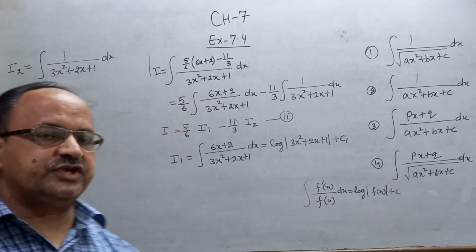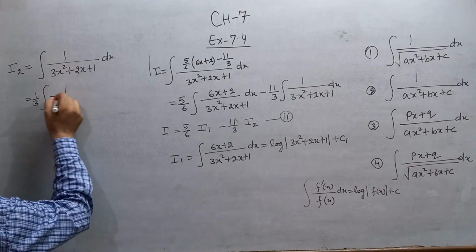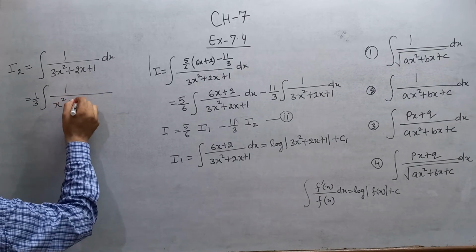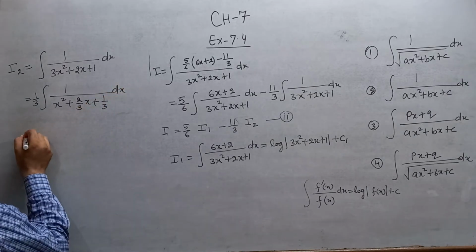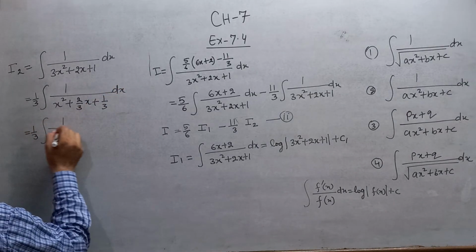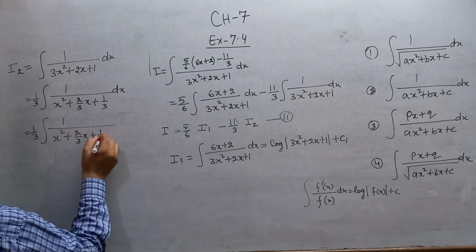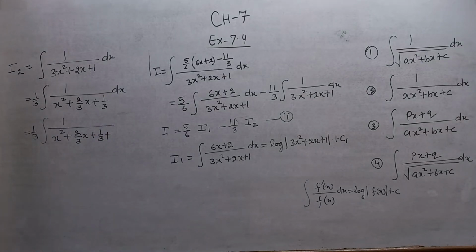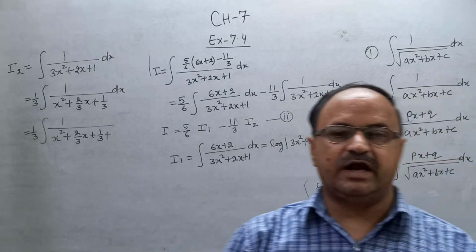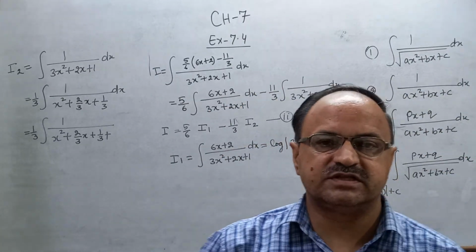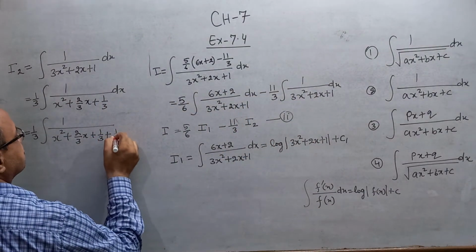Now you can take common 3: 1 by 3 integration 1 upon x square plus 2 by 3x plus 1 by 3 dx. Add and subtract what? The coefficient of x is 2 by 3, half of 2 by 3 is 1 by 3, and the square of 1 by 3 is 1 by 9. Add and subtract 1 by 9.